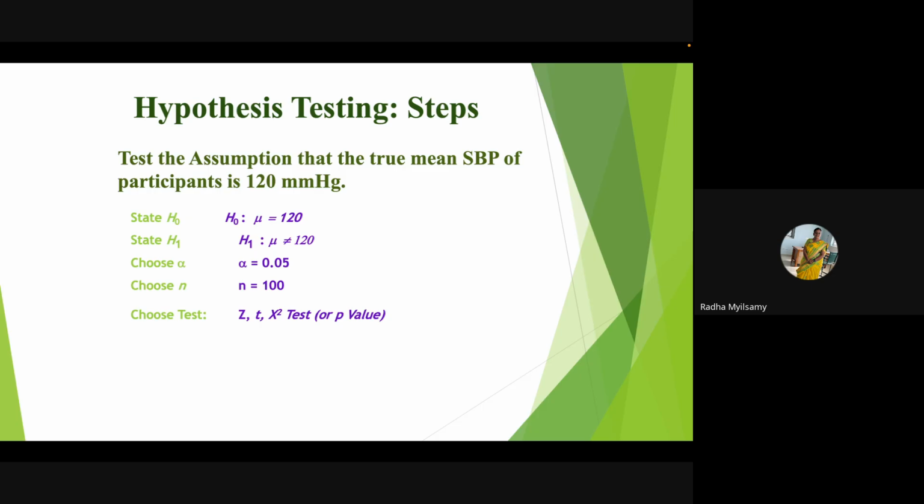The next step is fixing the alpha level. Generally it is 0.05. If we are more confident about our results, we may go with 0.01. 0.05 means 95% confidence, and 0.01 means we are 99% confident.